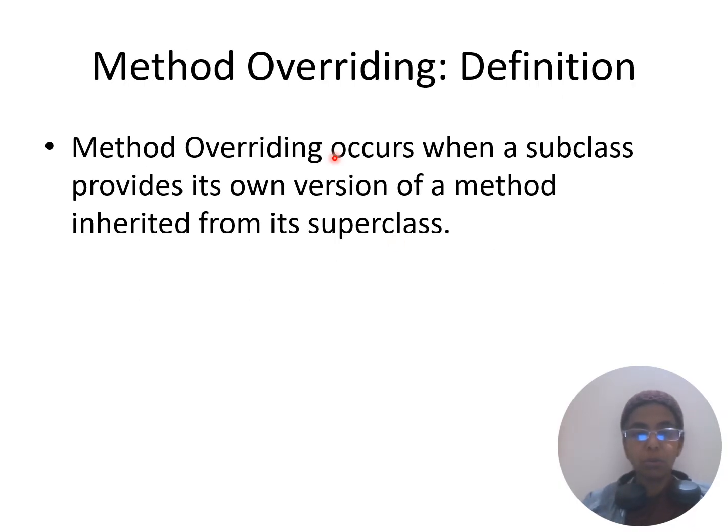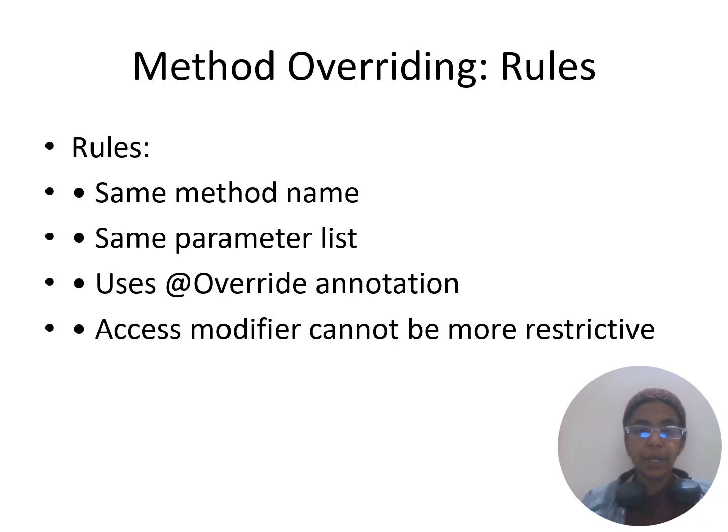Method overriding works with a subclass. Whenever I have inheritance only, this will happen. The subclass provides its own version of a method inherited from its superclass. That is method overriding.